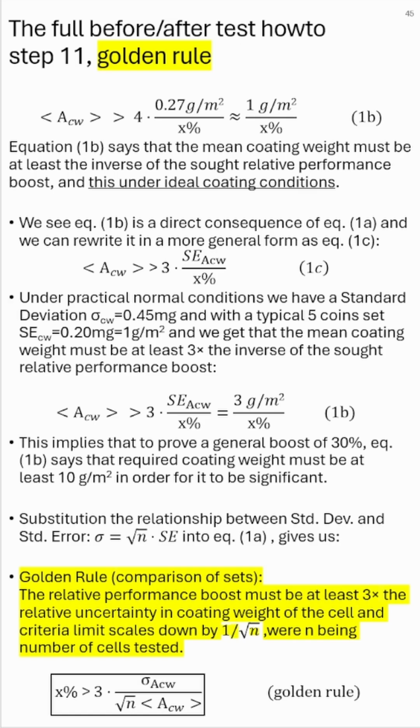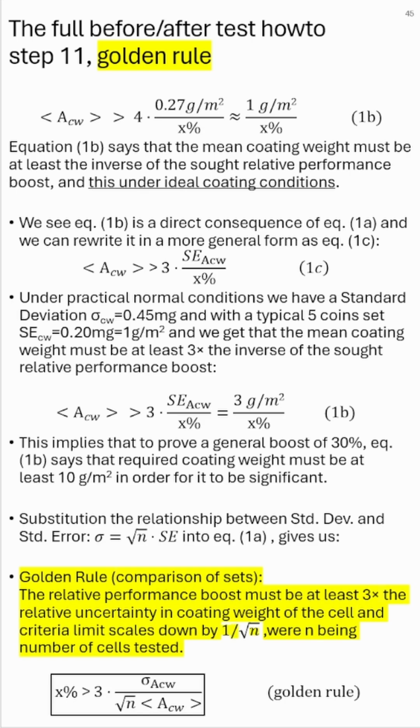So if you have 10% boost in performance increase, 1 divided by 0.1 will be 10. So then you will need 10 grams per square meter in coating weight to be able to prove such a small boost. And that is under these ideal conditions, as I call it.